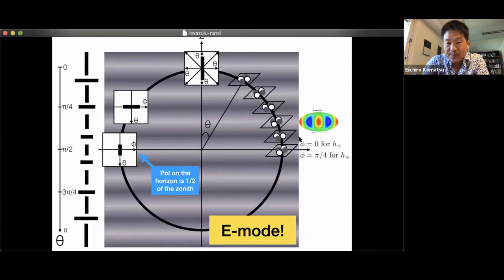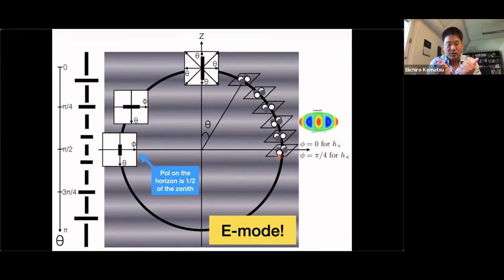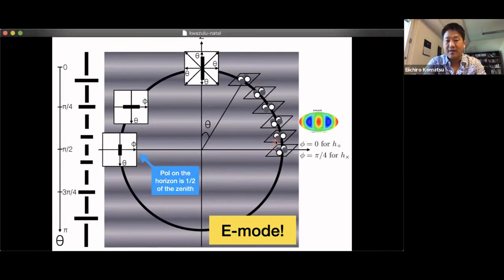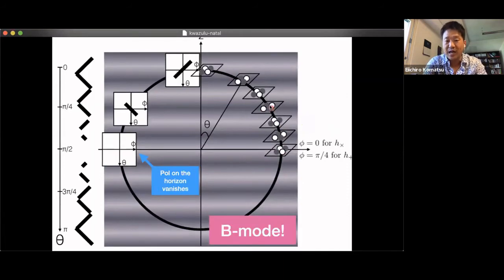Then on this plane, because gravitational waves stretch only space perpendicular to their propagation direction, photons are stretched and squashed here. So white is hot, gray is cold. And as the plane wave propagates, yeah, you see this kind of different patterns.